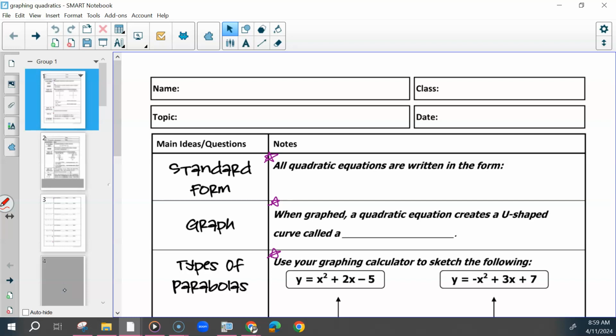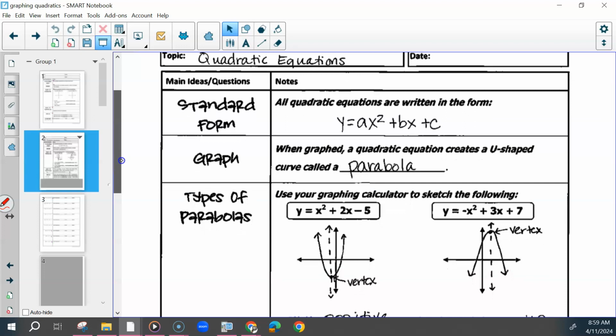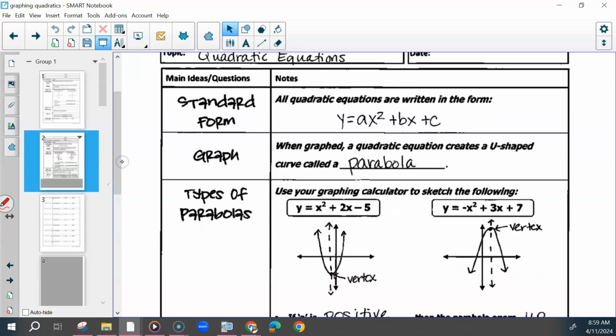Okay, so everyone should have notes that look like this. I want you to write down all of this. So as you're writing, I'm just going to talk through it. Unit 10 is all about quadratic equations.